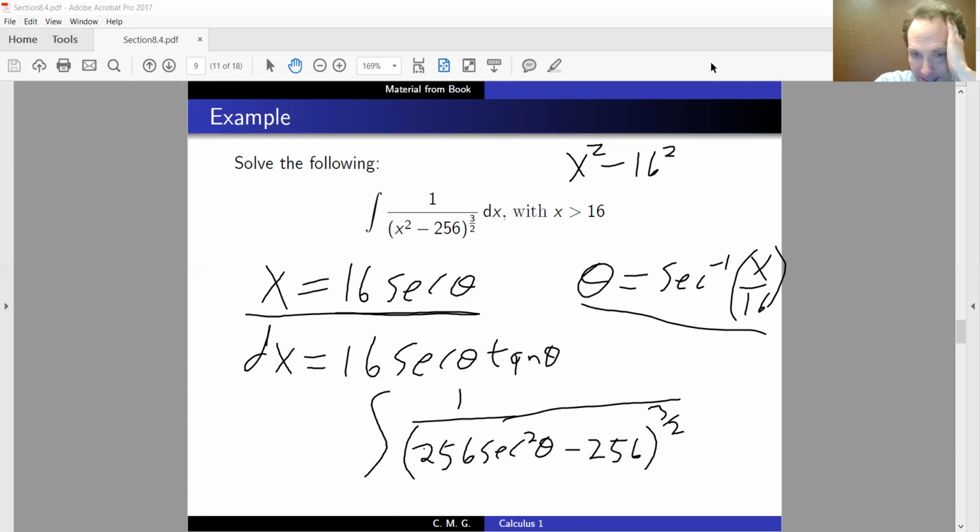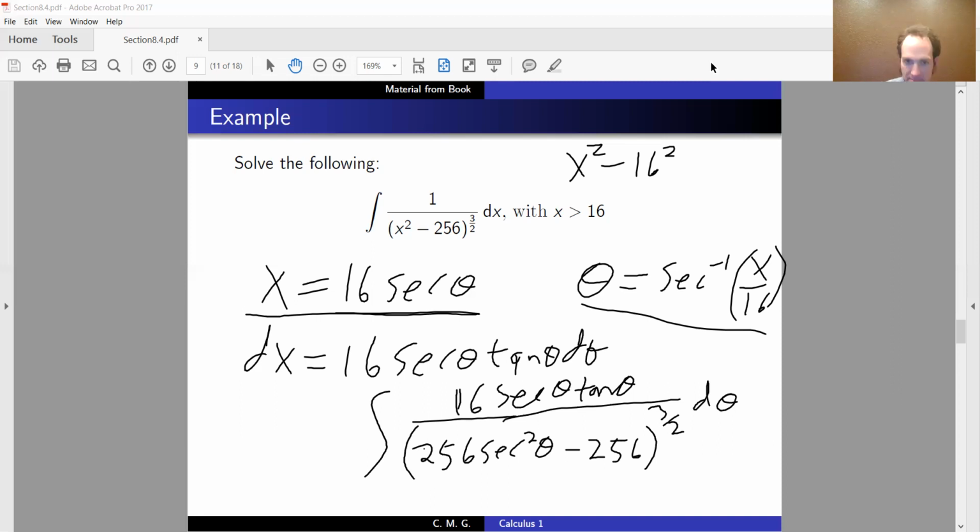And then times the dx, well, the dx is 16 secant theta tangent theta d theta. And so what I do is I put the 16 secant theta tangent theta on top, and then the d theta comes outside of that.